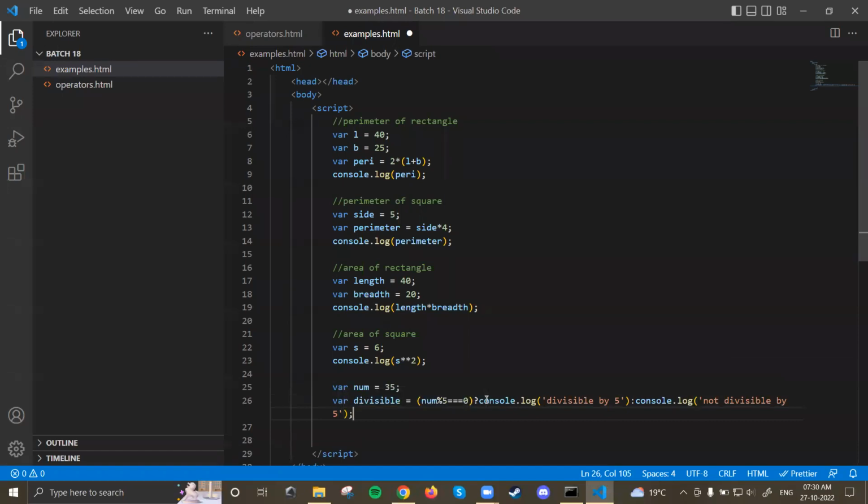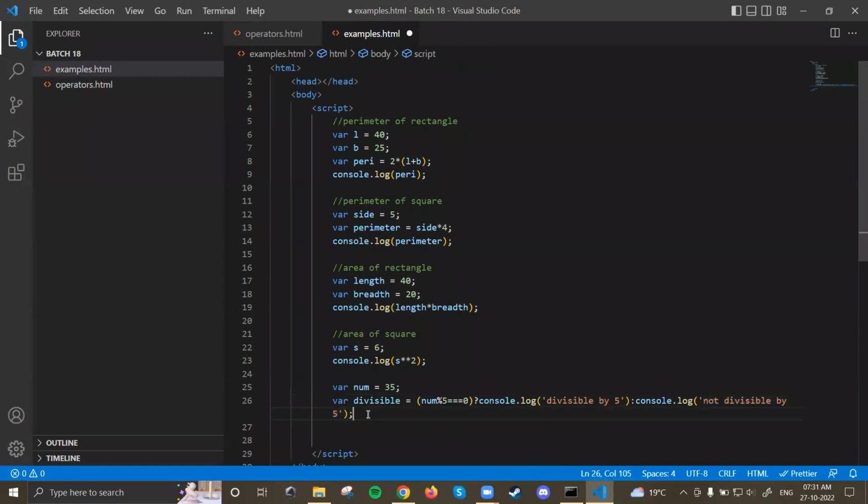So what is this whole thing doing? When we divide the number by 5 and we get the remainder 0, please print divisible by 5. If the remainder is not 0, then please say not divisible by 5.